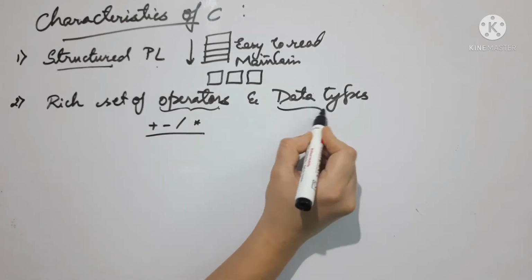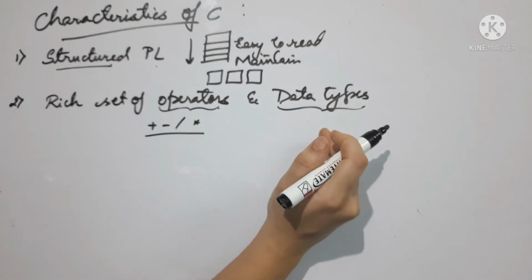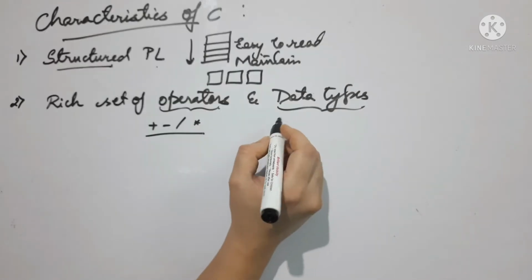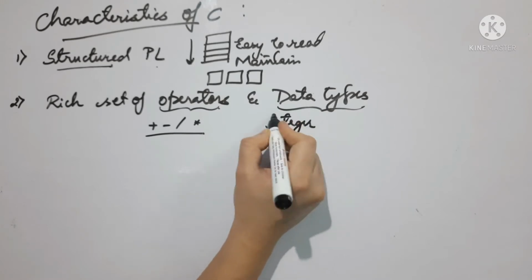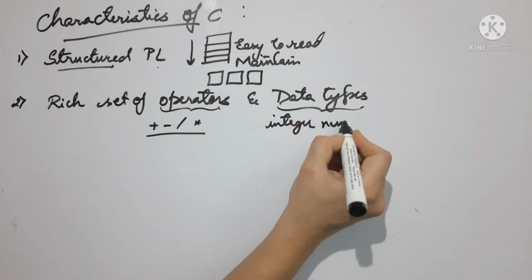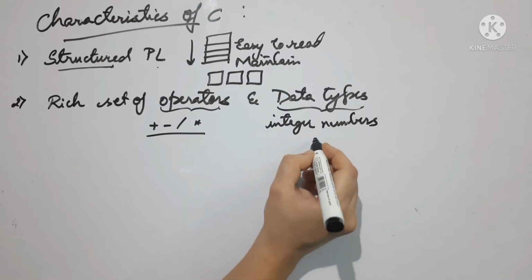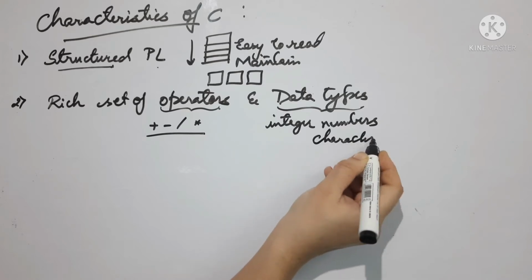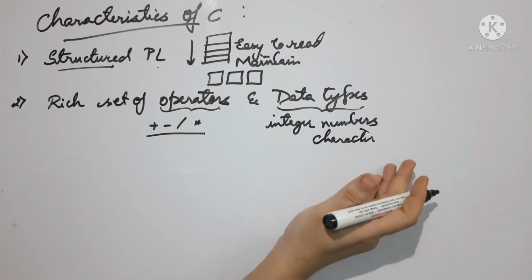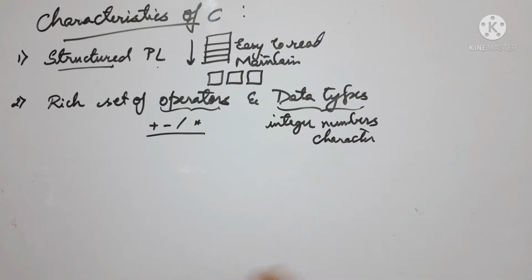And what is the meaning of data types? Data types means we can use different types of data. For example, we can use integer values. Integer values means we have numbers. We can use different kinds of characters. Characters means we use alphabets. Okay, so these are the different kinds of data.